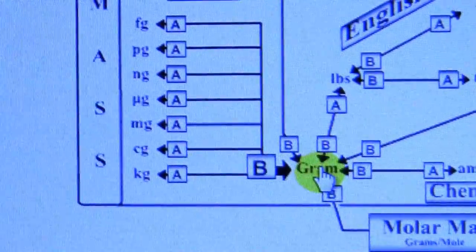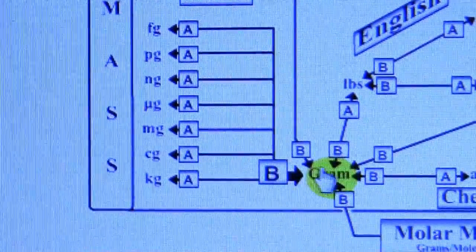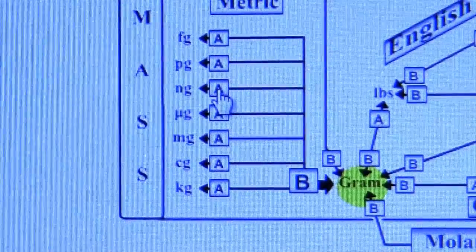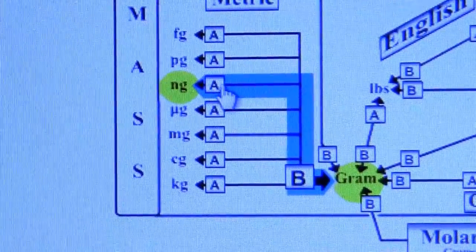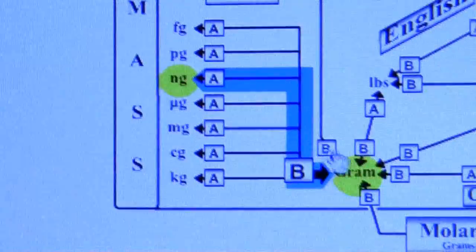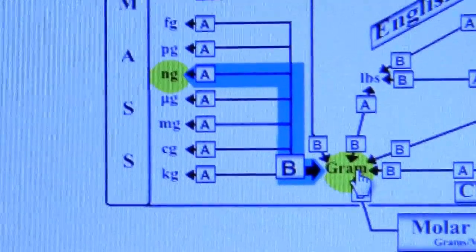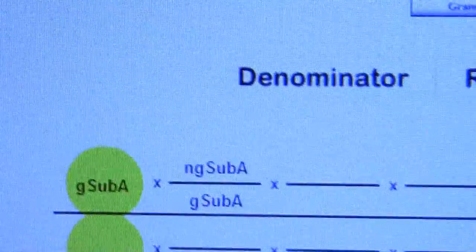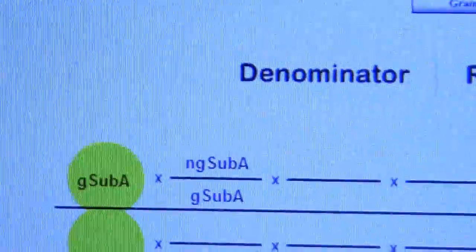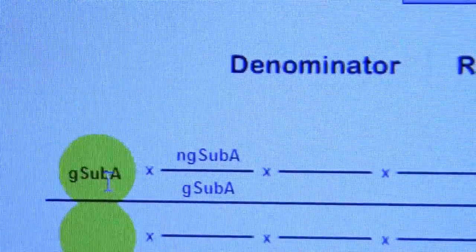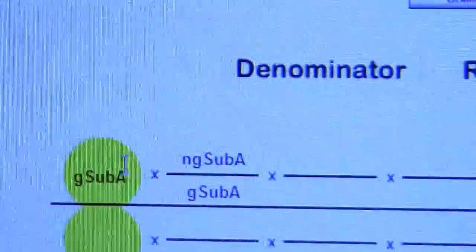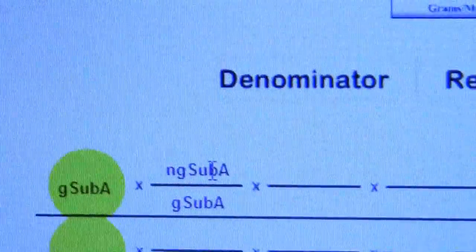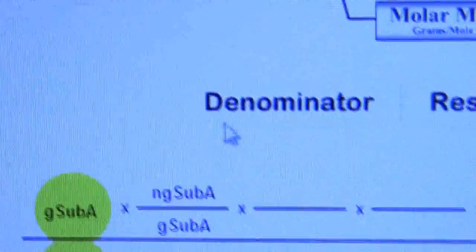But since we're going this way, we're at the gram stop, and we just go straight over to nanograms. We click on the box, not on the unit. We only click on the unit the first time. So that's the top part. We've gone from grams of our substance, it's saying substance A, but we'll set that in the next part, to nanograms. We're done with the numerator.